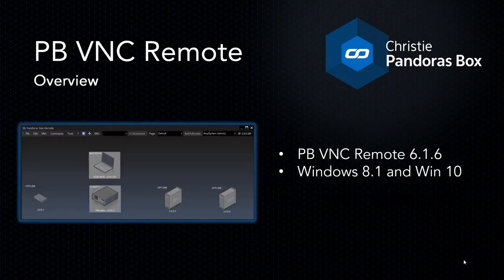But before, here is an image of how it looks. Today I will use the Pandora's Box VNC Remote version 6.1.6, and it's also compatible with Windows 8.1 and Windows 10.